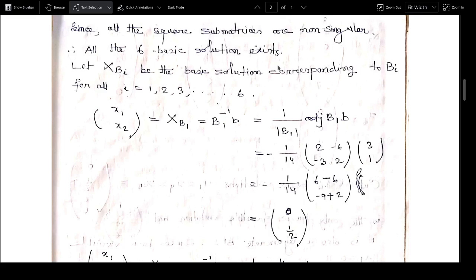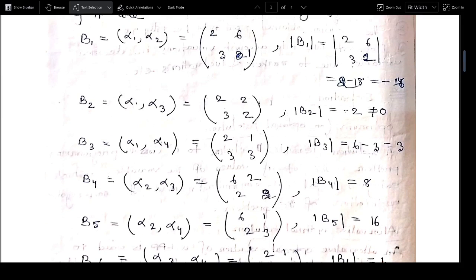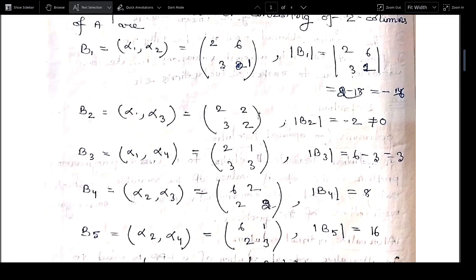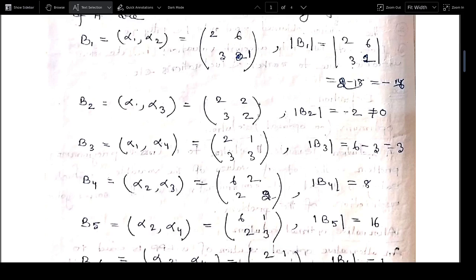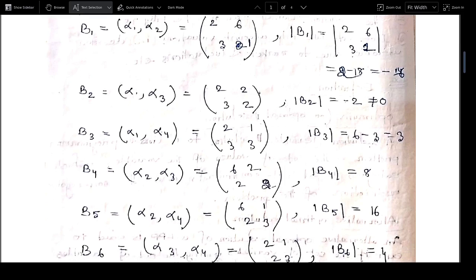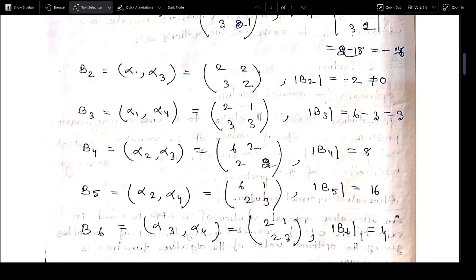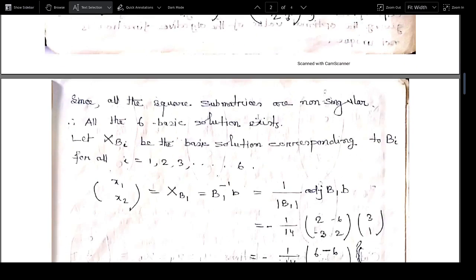Not all of them are non-singular? Yes. Suppose the determinant of B1 is 0, then for this B1 we cannot get the basic solution. Out of 6 we get 5 basic solutions.